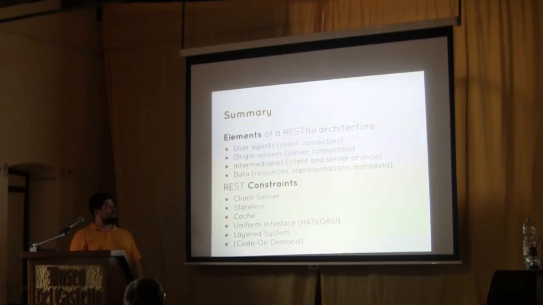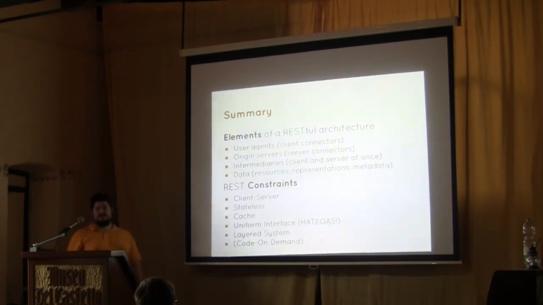And on these elements, we put these constraints. We have client-server communication. This communication must be stateless, so that anyone could answer my request. We need caching in there to scale up and improve the performance. We have these uniform interfaces with this big, difficult one, HATEOAS, which comes down to hypermedia that drives through the application state and actually teaches clients how to use this application.